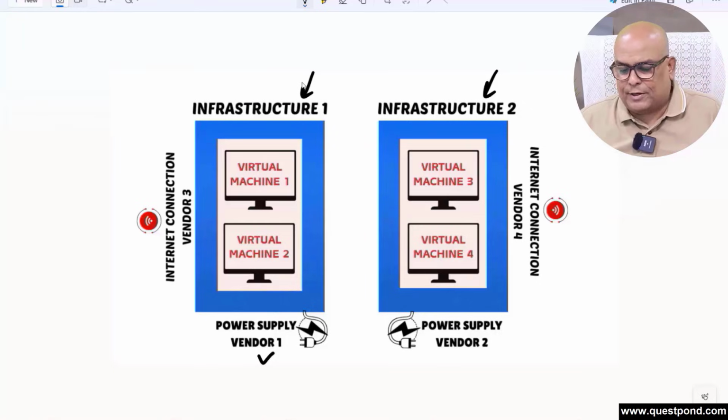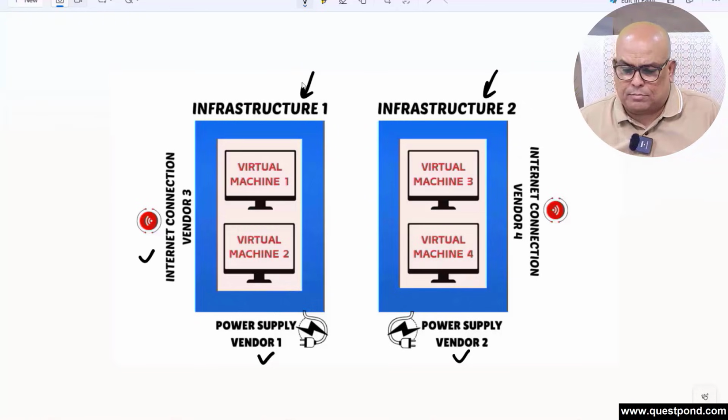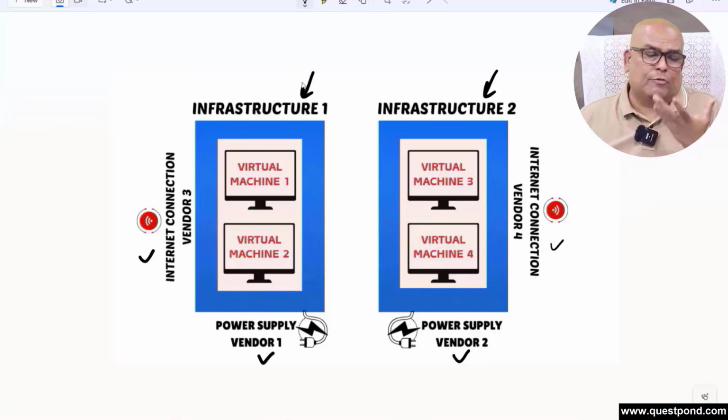Adani is an Indian vendor, just in case people who are watching me from other places. Infrastructure 2, the power is supplied from vendor 2, must be Reliance. Example I'm saying, right? Infrastructure 1's internet connection is coming from Airtel, and internet connection for infrastructure 2 is coming from vendor 4, which can be Vodafone or anything, right?